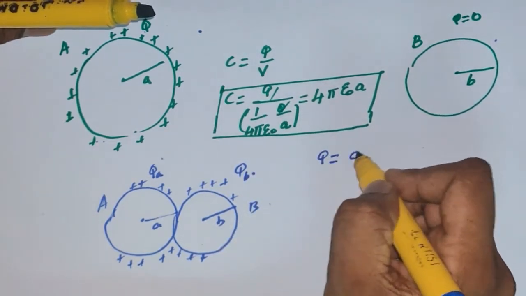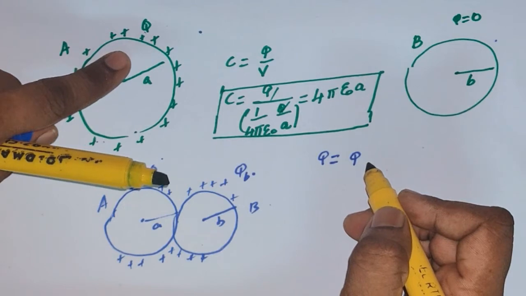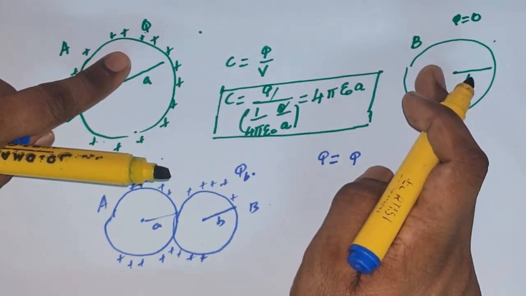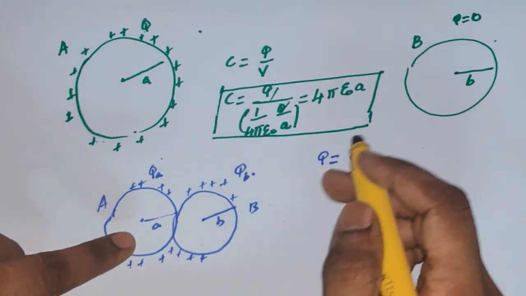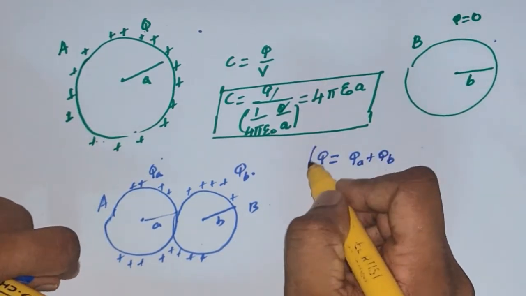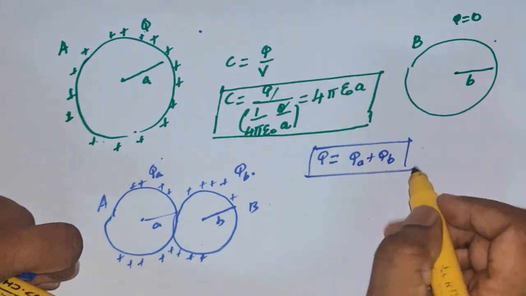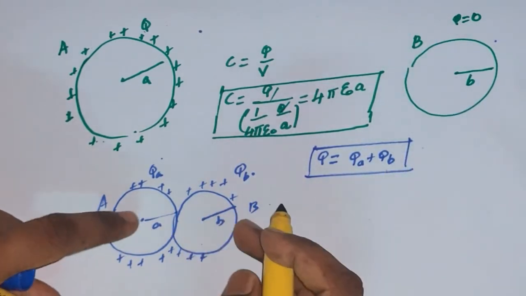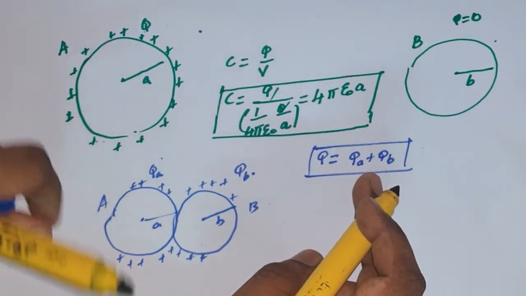The total charge, the initial charge before the contact, equals QA plus QB. This is charge conservation: we never lose any charge due to the contact. The total charge remains a conserved quantity.